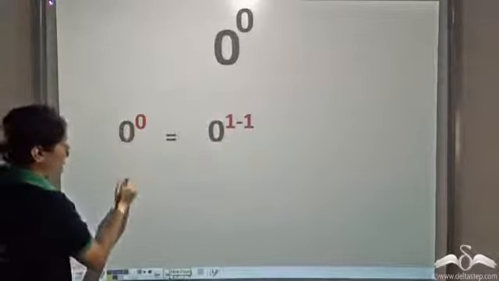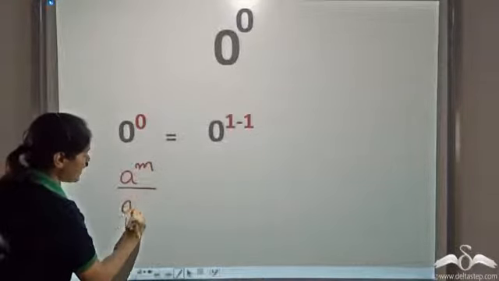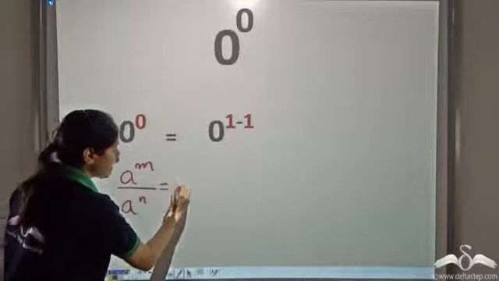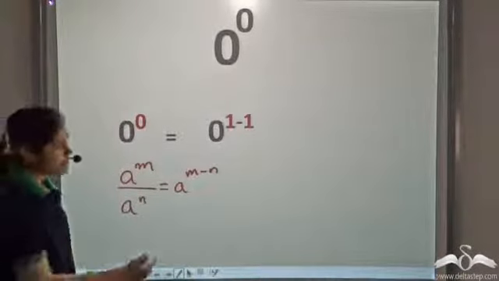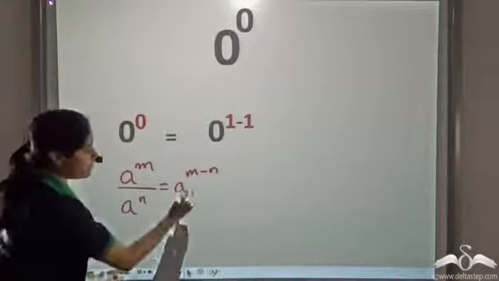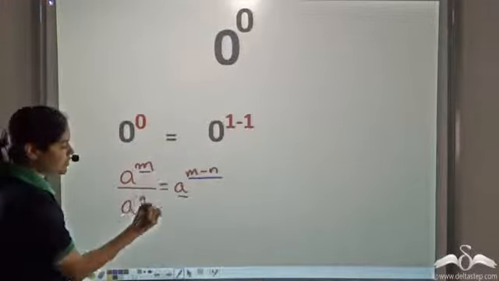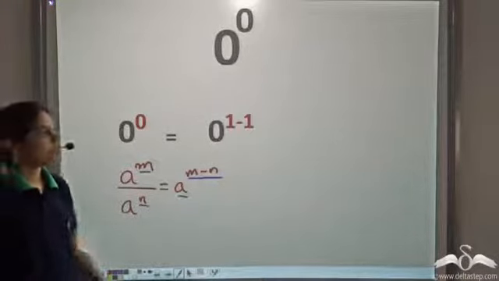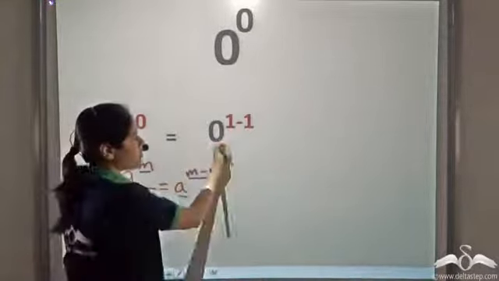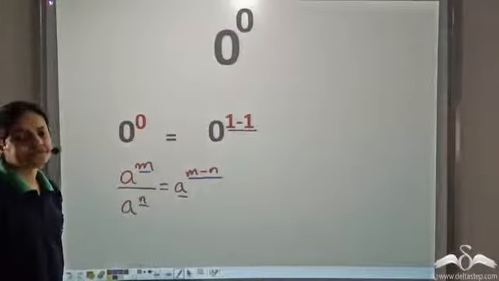We know that a to the power m divided by a to the power n is a to the power m minus n. So if we have something in the form of a to the power m minus n, we can write it as a to the power m divided by a to the power n. We have this in the form of 0 to the power 1 minus 1.